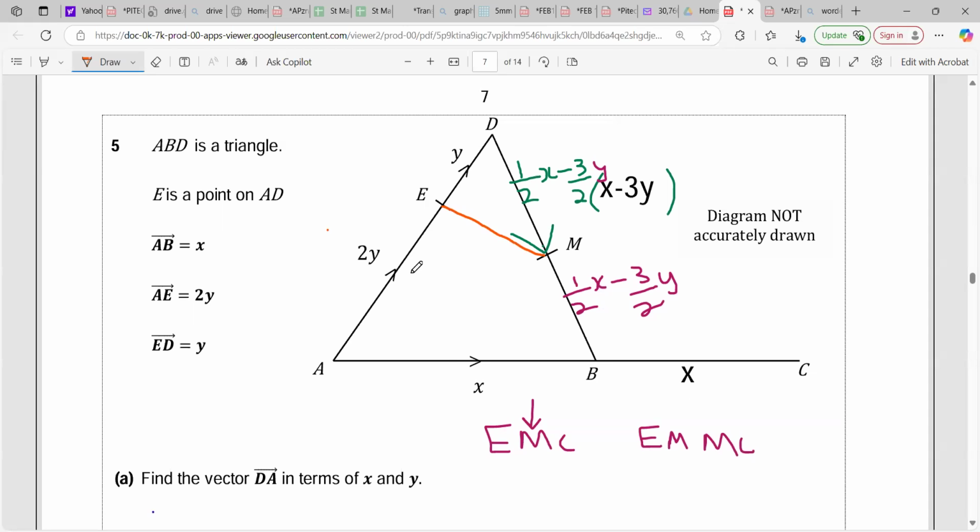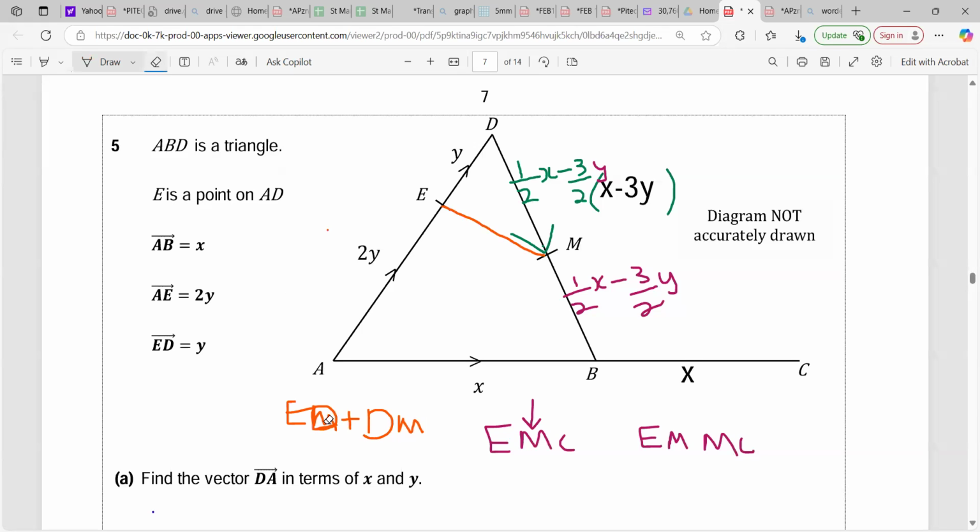So if we need from E to M, we add from E to D and then from D to M. Remember, the two letters in the middle must always be the same, because technically you go from one and then to the next.